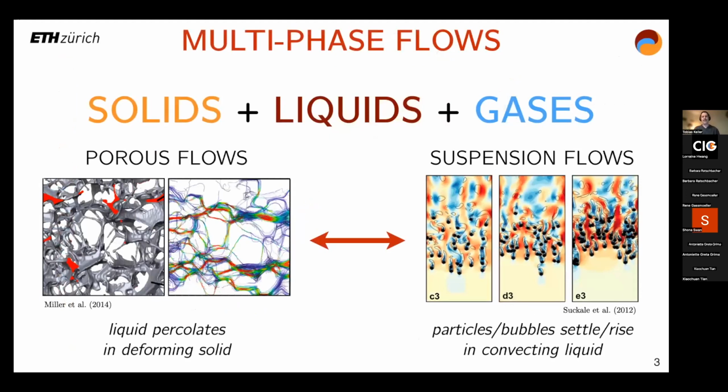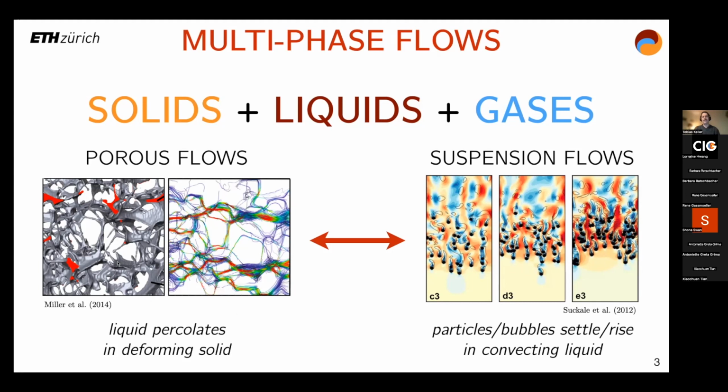And by multi-phase, we typically refer to the phases found in magmatic systems, which are solids, liquids, and gases. And depending on their relative proportion, the flows that result can fall into quite different regimes. For example, for solid-rich magmas, or basically partially molten rock at low melt fraction, there's a liquid, which is typically a silicate melt, that can percolate through the wetted grain boundaries, which you can see here in a micro CT image.